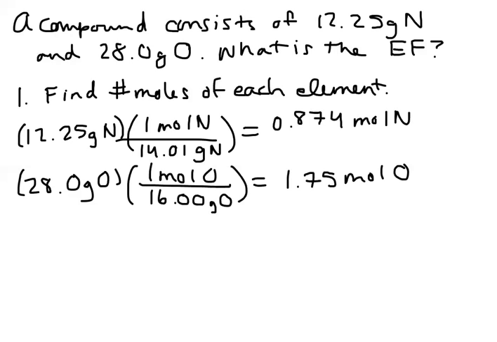How do you find a ratio? How would we find the ratio of these two? Dividing them, exactly. In this case, we have to have a whole number ratio, which means that we're going to have to divide this by itself in order to give us 1, and then we're going to divide this by 0.874 to give us 1, 2.